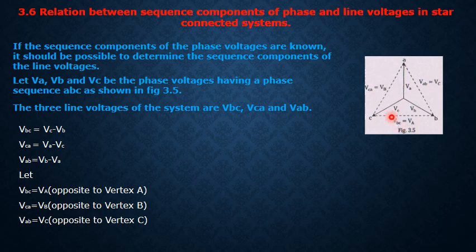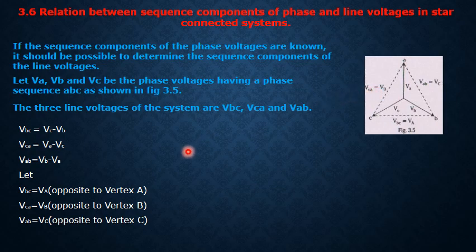Here there is a slight difference between the voltages, so we need to remember these subscripts wherever necessary. The phase voltages are mentioned in terms of small subscripts, small a, small b and small c, and the line voltages are also mentioned with letters like VAB, VBC and VCA.